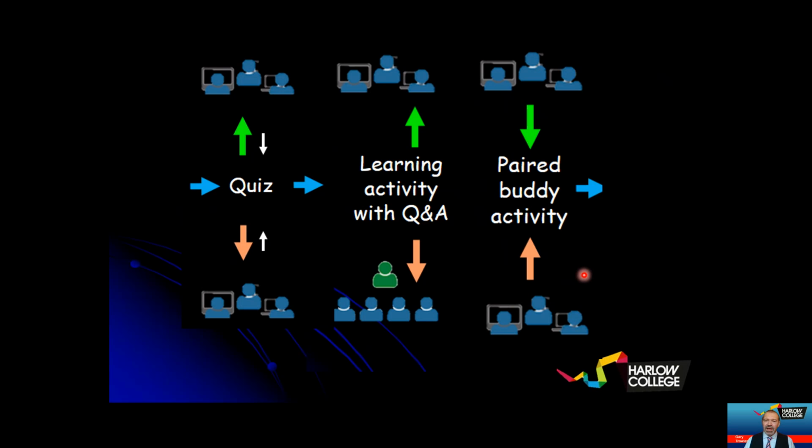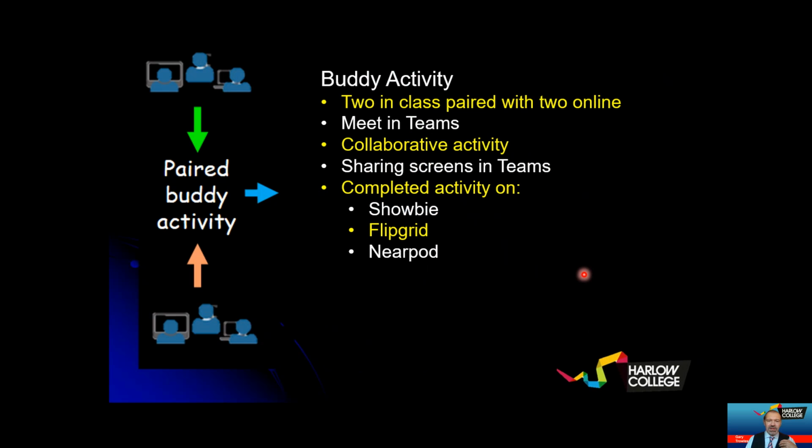as a result of that. And there are several different ways we could think about collecting that evidence as well. In the buddy activities, where we've got two or more paired online, meeting on Teams, it's a collaborative activity and they're sharing screens, so the completed activity could be again on Shobi, as before.